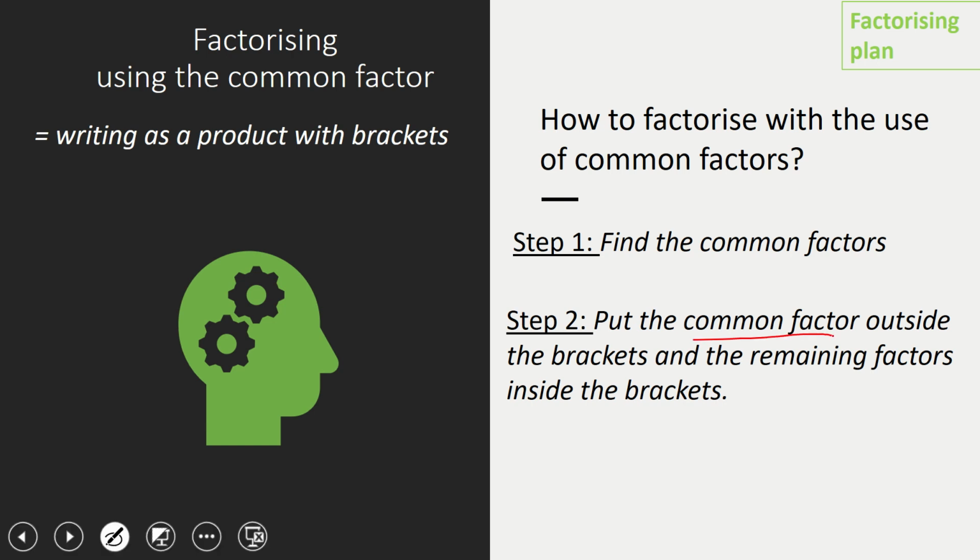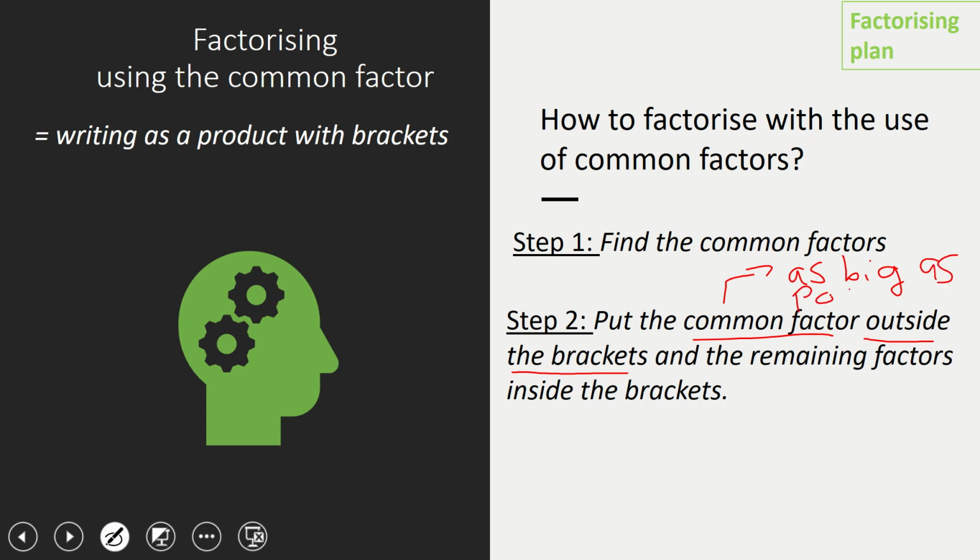And that's really important. The common factor must be outside the brackets. And the common factor needs to be as big as possible. So that's why I always say put as many factors outside the brackets as possible.